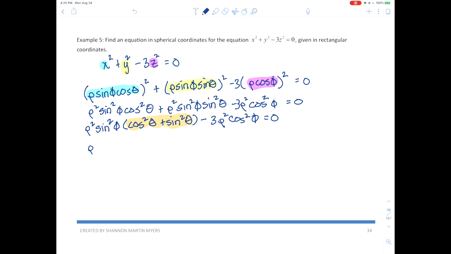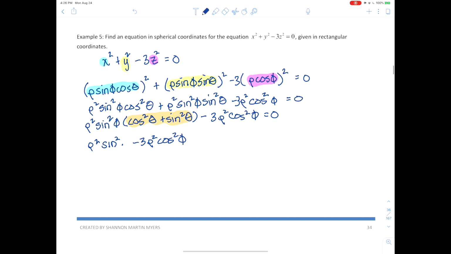So now we'll have rho squared sine squared phi times 1, right? Minus 3 rho squared cosine squared phi. Oh, excuse me, this is phi, not theta. Phi. And that's going to be equal to 0. Good so far? So if we factor out rho squared, we're left with sine squared phi minus 3 cosine squared phi equals 0.